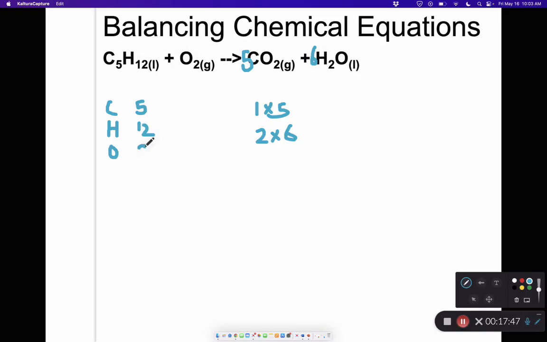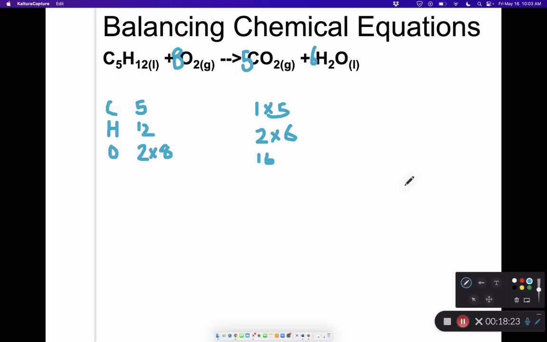On the right hand side you have 5 times 2 is 10, and 6 times 1 is 6, so 10 plus 6, total is 16. Here we have 2 on the left, 16 on the right. So it makes sense that if you multiply by 8, you will have 16 on the left, 16 on the right, and it will be a balanced chemical equation.